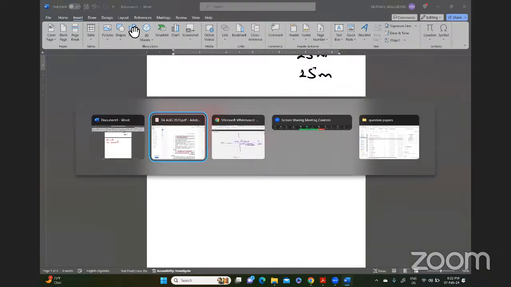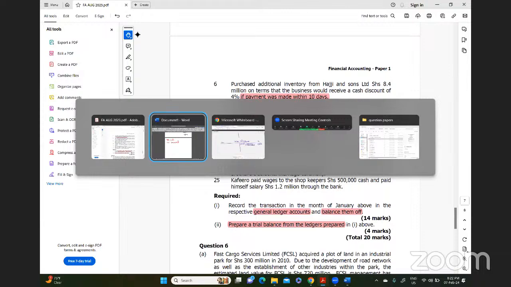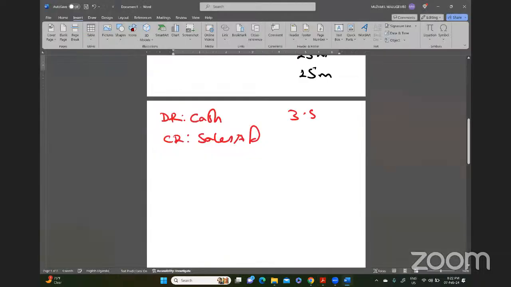Okay. So that is 3.56. So we have both accounts, right? So let's just debit cash in the cash book and credit sales 3,560.